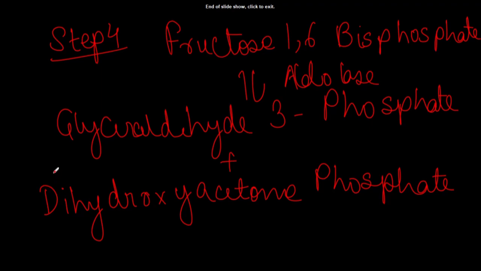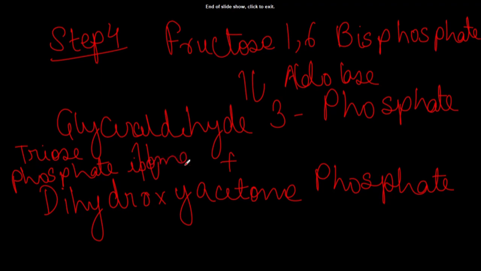But this dihydroxyacetone phosphate gets converted into glyceraldehyde 3 phosphate by an enzyme called triose phosphate isomerase. So there will be two molecules of glyceraldehyde 3 phosphate present in step 5. Okay, so let's continue to step 5.